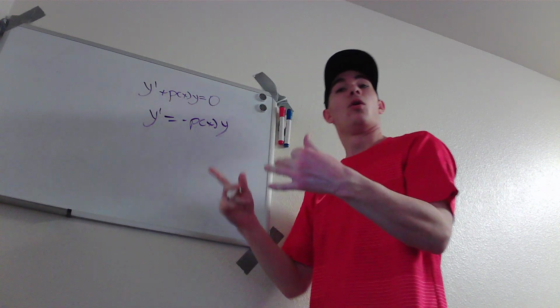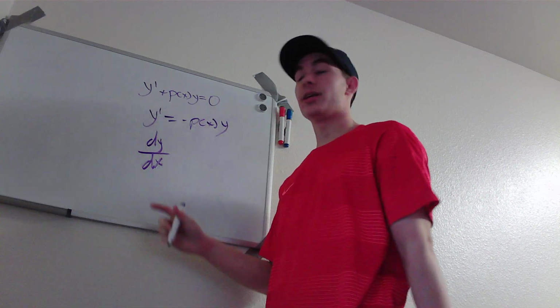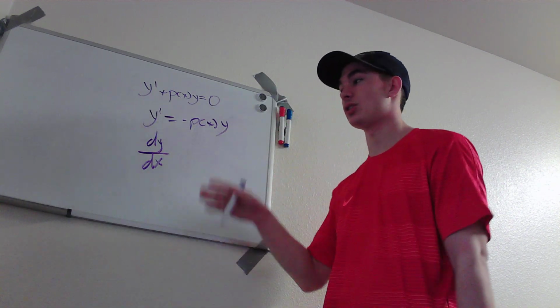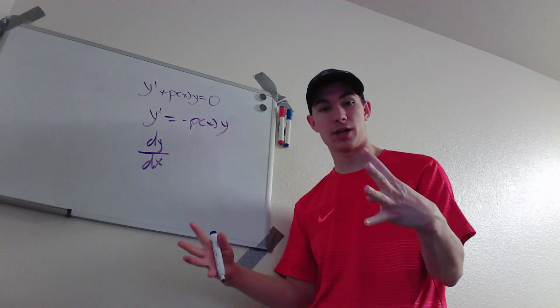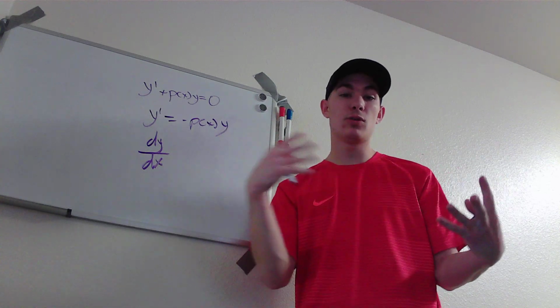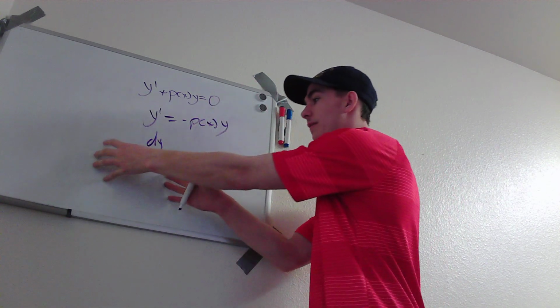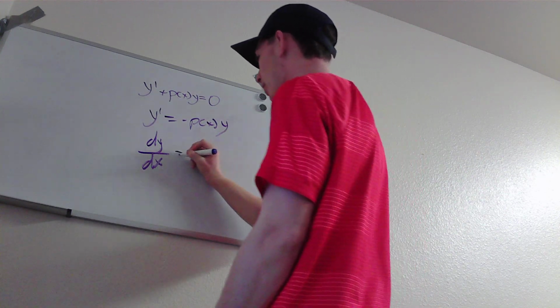Okay, y prime is written dy/dx, which is nice because you see this x here and this x here. You must get your variables together. This is called separable variable equations. It means you can separate the variables and get them together, and then you can take the integral. So you can take the single integral of these two variables that have been separated. So then you're going to divide the y over.